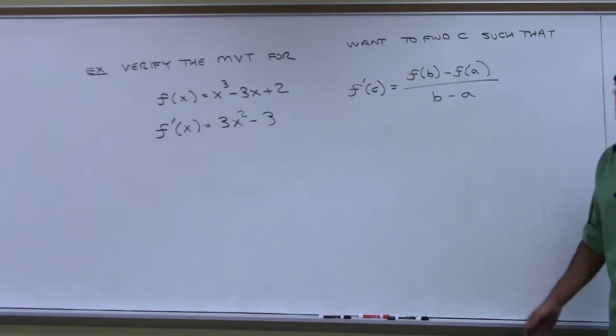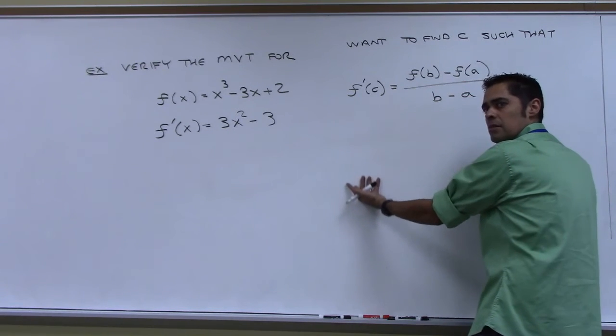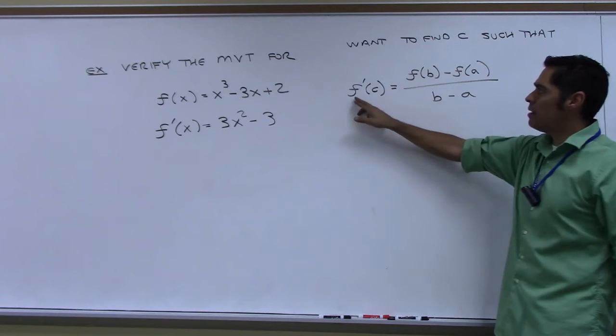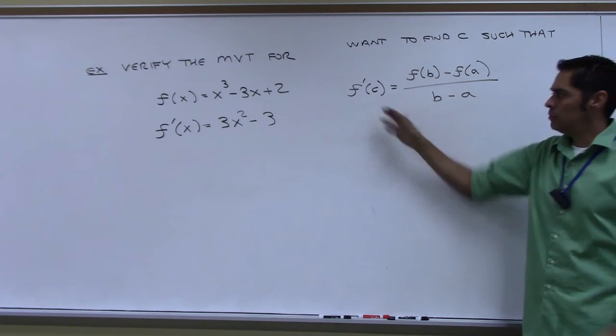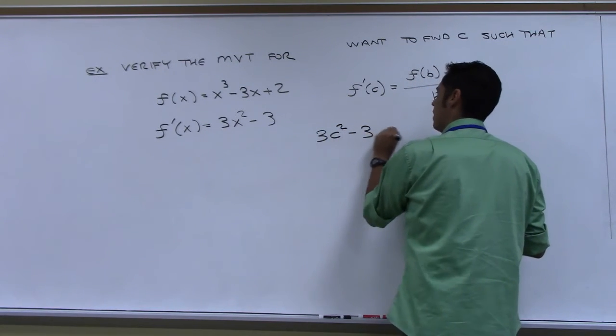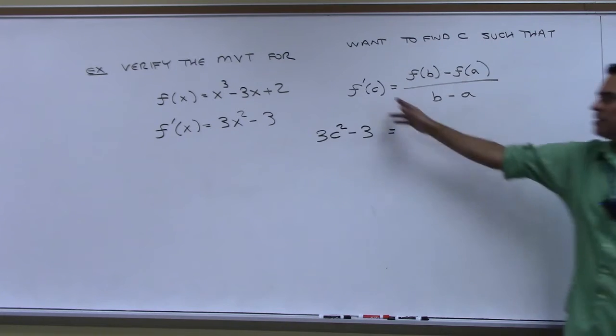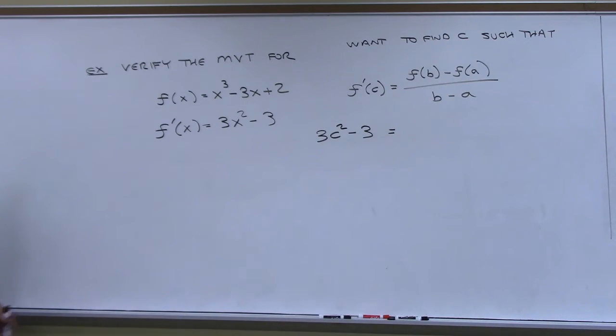And what I'm going to do is work both sides of this down, left and right. All right? So what is the derivative of the function if I plug c into it? 3c squared minus 3. Just replacing the x with c. That's it. The right side, though, we need to figure out.